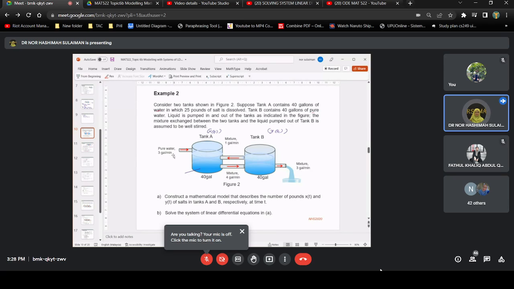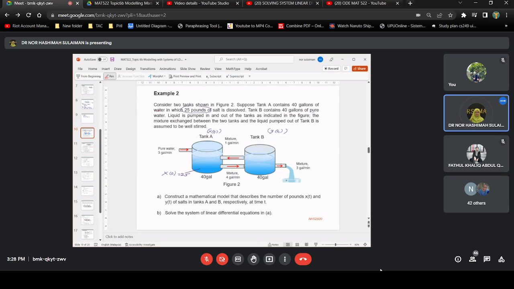Okay, so dia ada pure water masuk dekat sini. Lepas tu ada satu saluran dia masuk dekat tank B, dan satu lagi saluran solution daripada tank B masuk ke tank A. And then finally dia akan keluar kat ni lah. Alright, so the initial information ni you kena highlight 25 pounds. So maknanya the initial amount of salt present is actually 25 pounds.